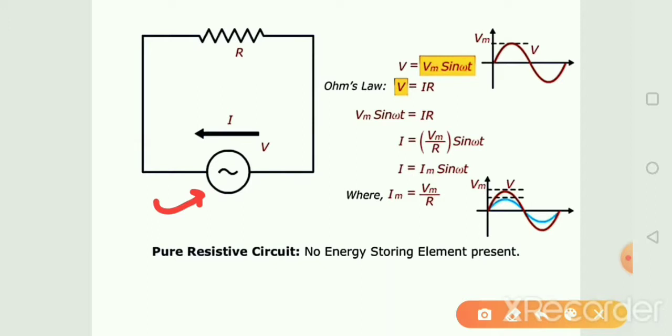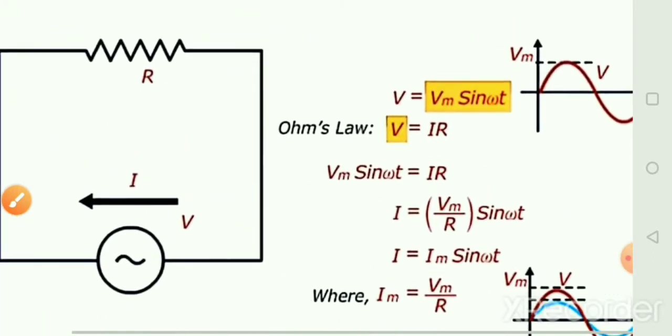And a pure resistive circuit consists only of a pure resistance and no other element. A circuit in which there is no energy storing element is called a purely resistive circuit. The voltage applied in the circuit is represented in the time domain. Here this is the time axis and this is voltage.